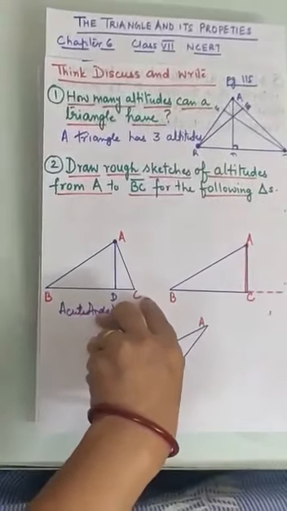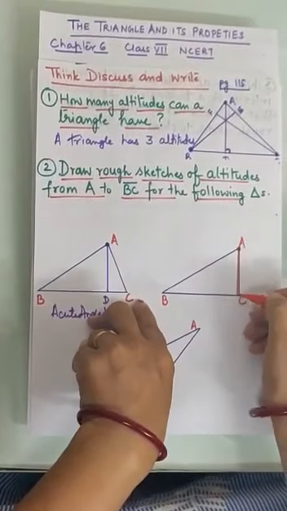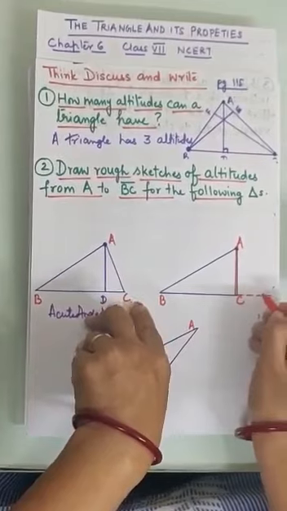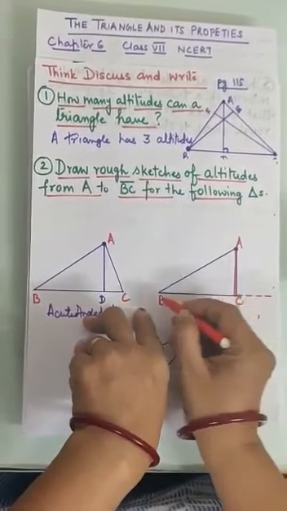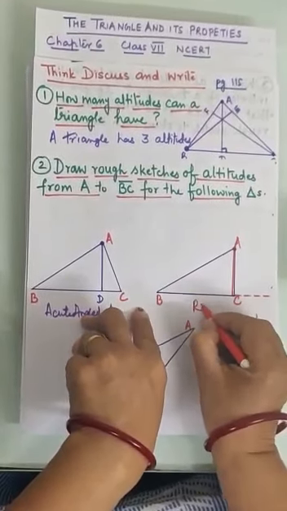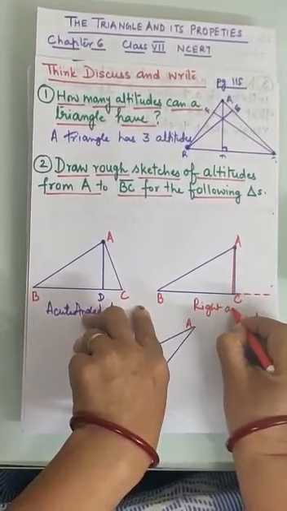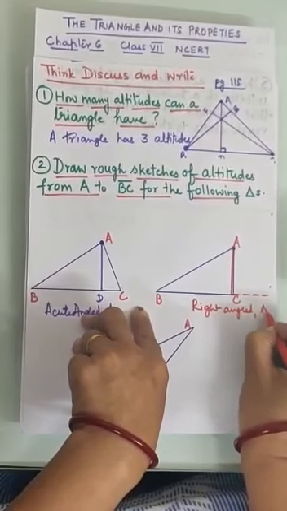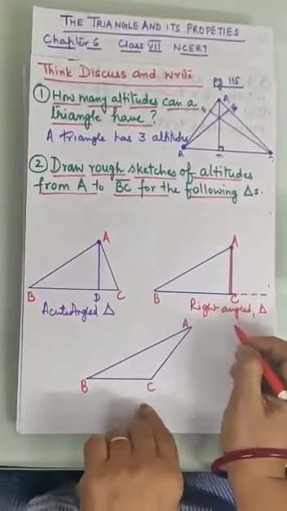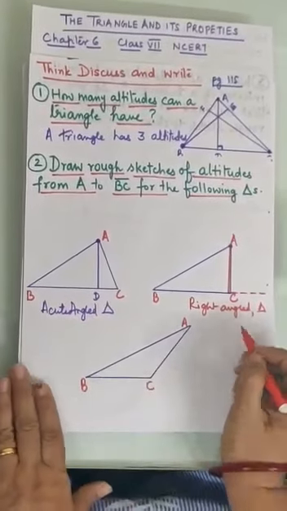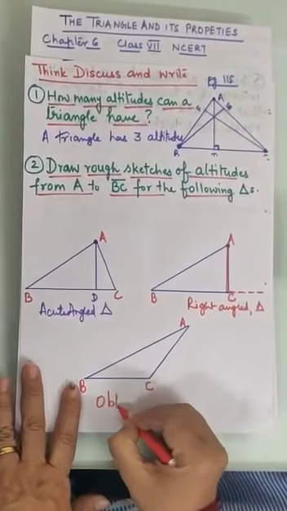Understood? So AC is the perpendicular from A to BC. This is one of the sides of the right angled triangle. Right angled triangle. Okay. Now we come to the third figure of an obtuse angled triangle.